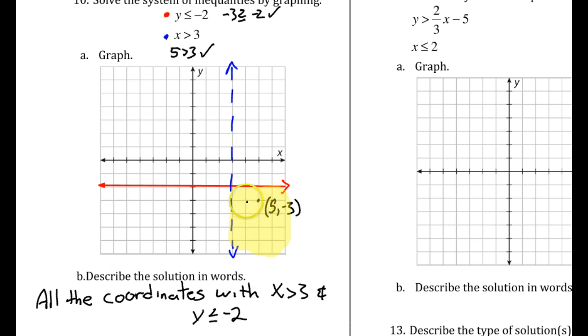So this shaded, you're describing the solution. That's all these points. How would you describe every single one of these points in the shaded? All of them, if you found the coordinate, the x coordinate would be bigger than 3, and the y coordinate would be negative 2 or smaller.